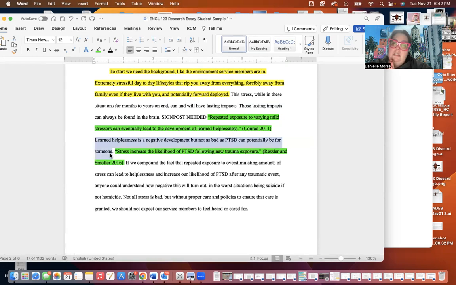Then we have another orphan quotation. Stress, I think they mean, increases the likelihood of PTSD following new trauma exposure. Incredibly vague. This is another bad quotation choice from a different source because it doesn't mean anything on its own. So stress increases the likelihood of PTSD following new trauma exposure.